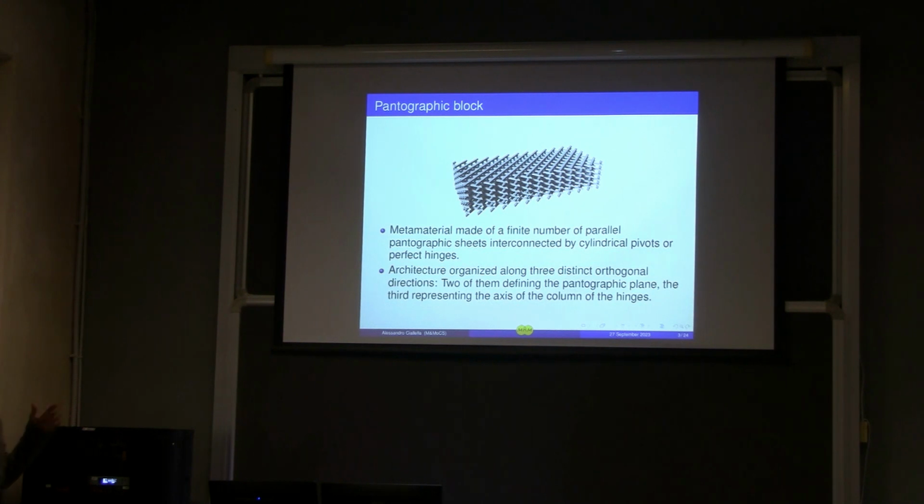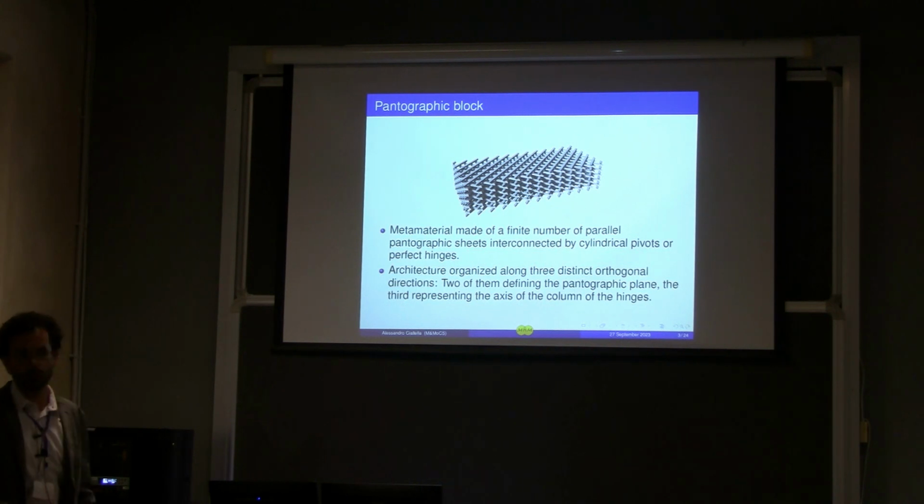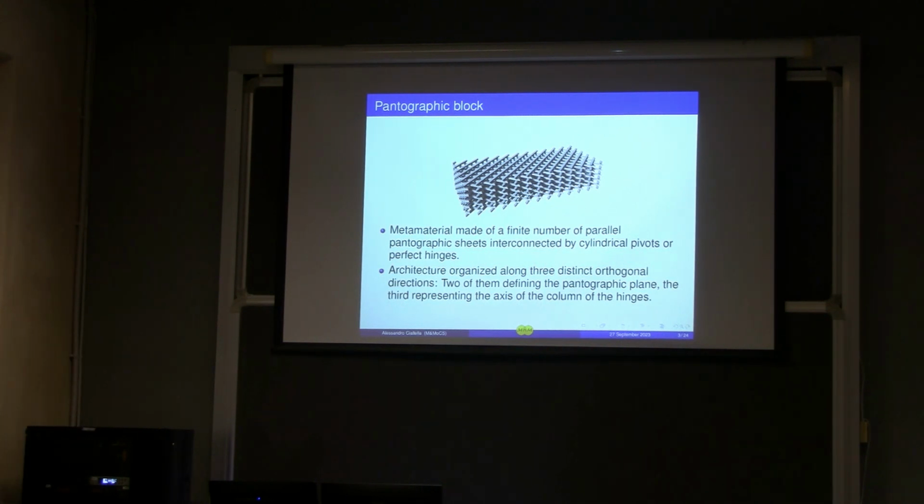So first thing, let's be on the same page. What I'm talking about in this talk, I'm considering pantographic blocks. So basically a metamaterial made of a finite number of parallel pantographic sheets that are interconnected by pivots that may be deformable, so elastic pivots, or perfect hinges.